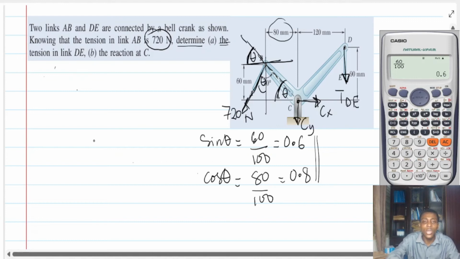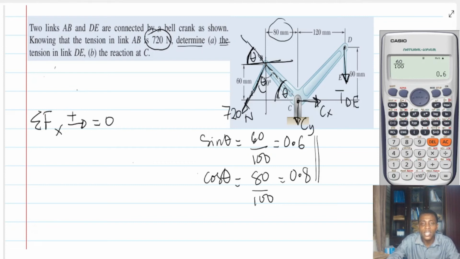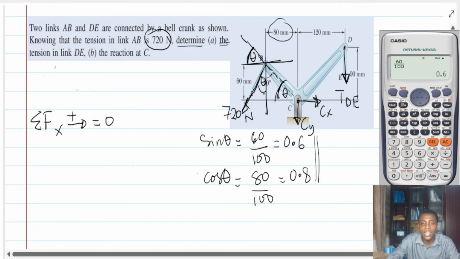Now let's do this. We are going to actually sum forces along the x and then equate it to 0, isn't it? So let's resolve the 720 force along the x. So using the fact that the angle is theta with the vertical, then the horizontal side is going to be 720 sine theta, and it's going to come in the direction opposite to the direction we have chosen.